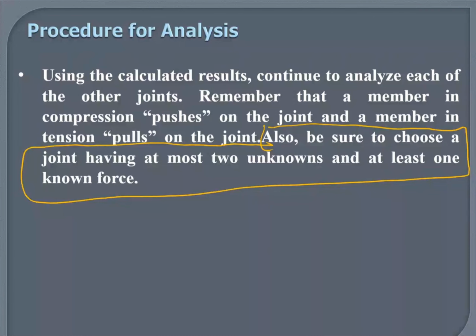In the truss, in the frame, what you need to find is whether there is any joint where you've got one known force and a maximum of two unknowns. Having one unknown is very good, but if you've got more than one, then look for the joint where we've got a maximum of two unknowns and one known force.